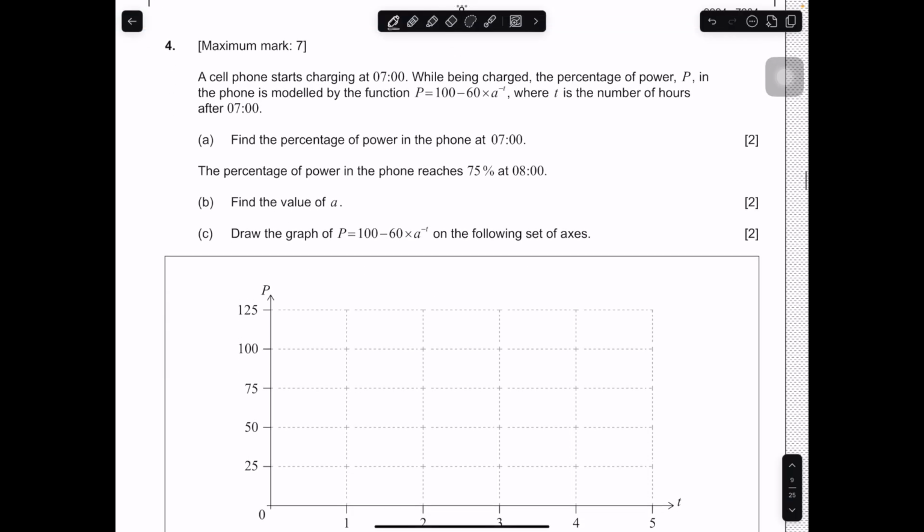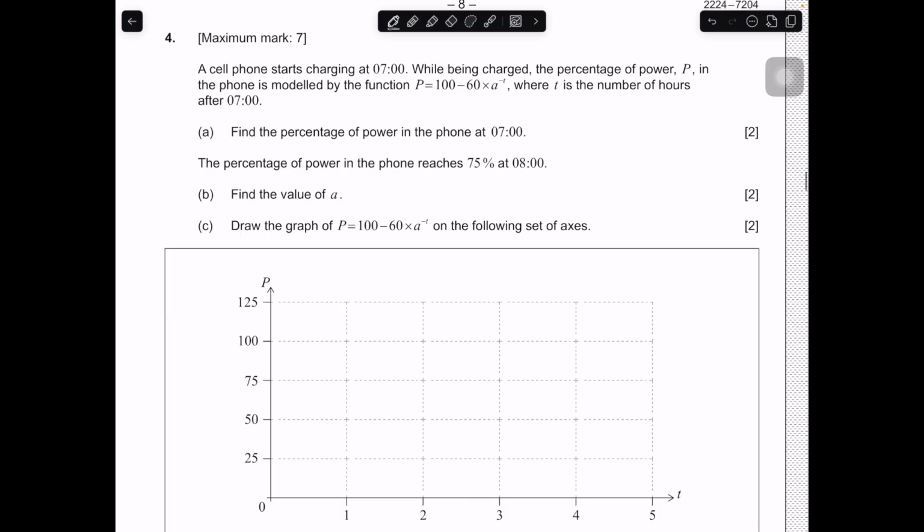All right, question 4, 7-mark question. A cell phone starts charging at 7 in the morning. While being charged, the percentage of power P in the phone is modeled by the function P is equal to 100 minus 60 times a to the power of negative t, where t is the number of hours after 7. Okay. Find the percentage of power in the phone at 7.